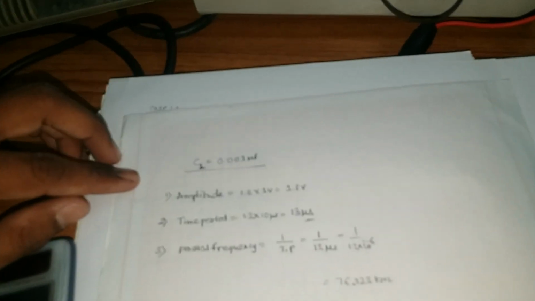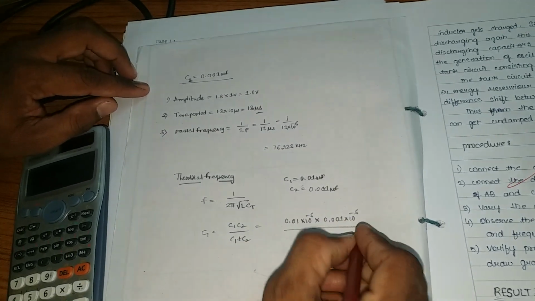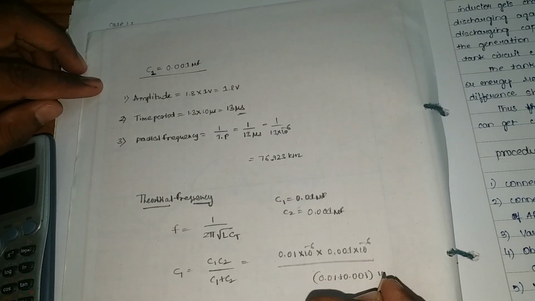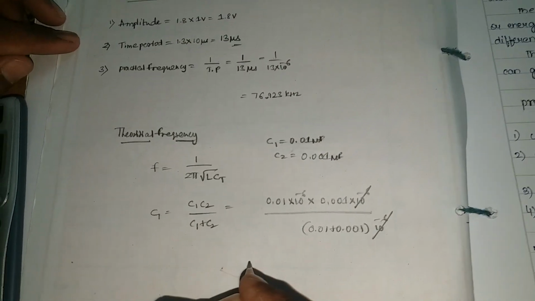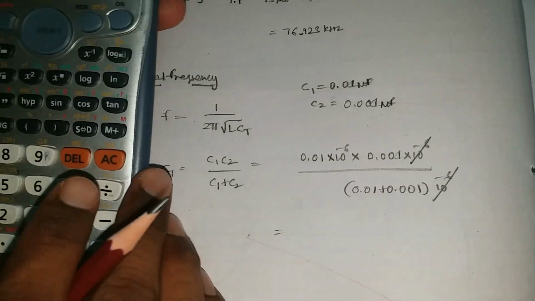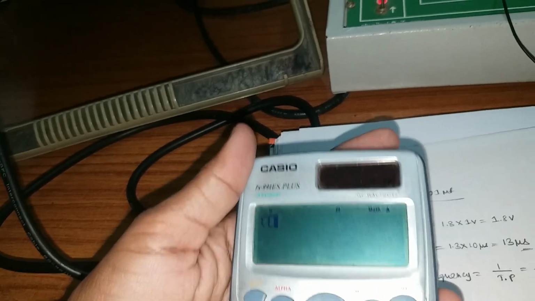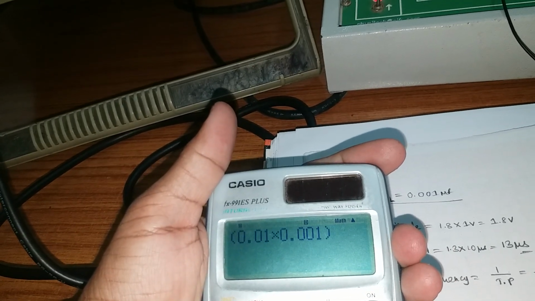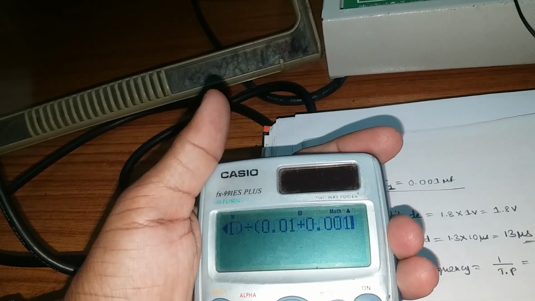Just substitute these values here. So 0.01, you also concentrate the microfarads here, 10 to the power of minus 6, and 0.001 into 10 to the power of minus 6, whole divided by 0.01 plus 0.001. 10 to the power of minus 6 is common here, so this 10 to the power of minus 6 gets cancelling out. So remaining calculation need to do here: 0.001 into 0.001 whole divided by 0.01 plus 0.001.